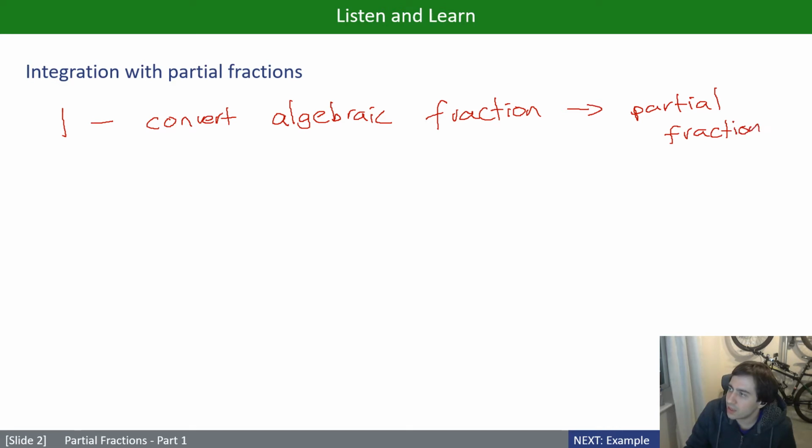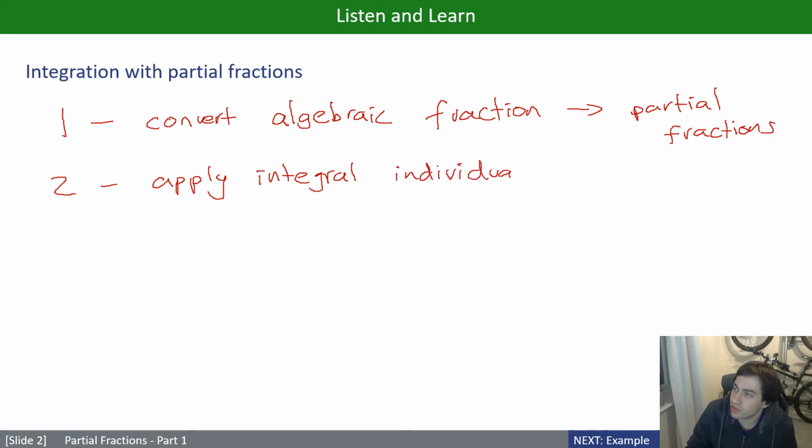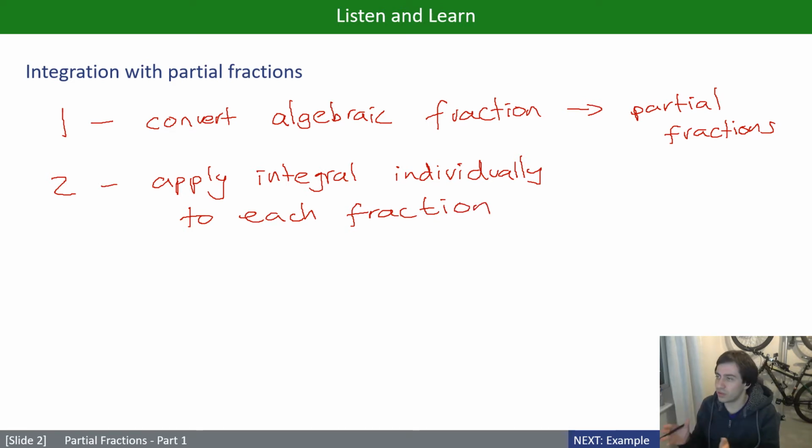Then the second step is going to be that you'll apply the integral operator separately, or individually, to each of those fractions. So you started with a single big fraction and now you've split it into multiple simpler fractions, and you're going to apply the integral operator to each of those individually.